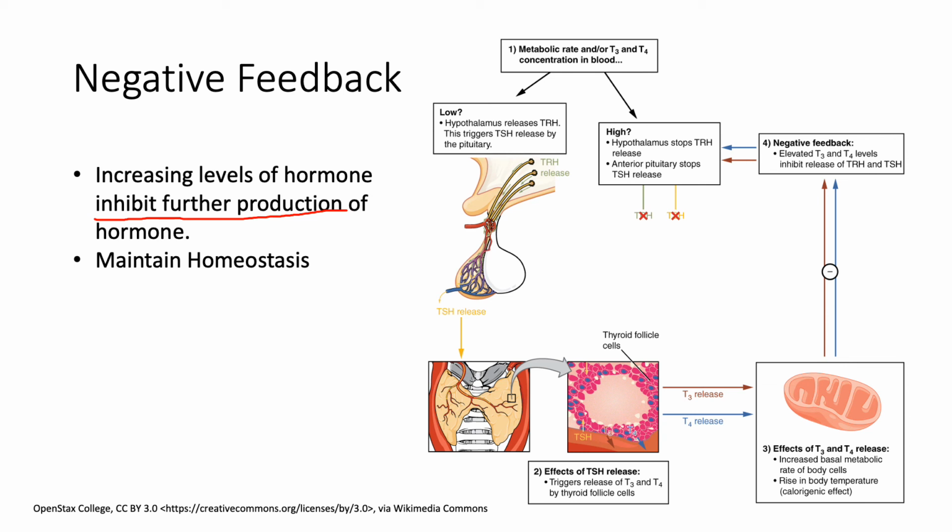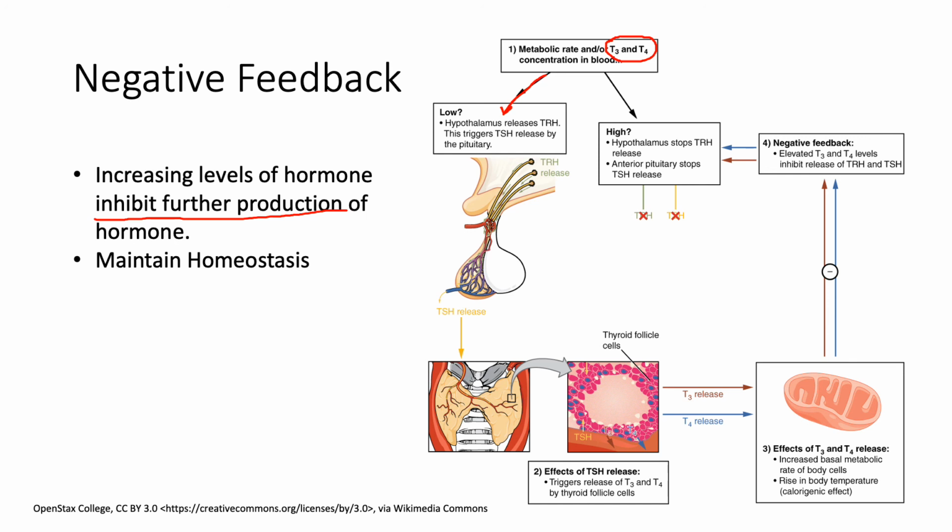Now let's look at our thyroid hormones and see what that means exactly in this figure over here to the right. So let's say that our metabolic rate, remember, that's how fast our chemical reactions are occurring in our cells, and those are regulated by T3 and T4, and these are made in the thyroid gland. Let's say that the metabolic rate gets too low. Okay, well, the hypothalamus, remember, is under control of a lot of these.